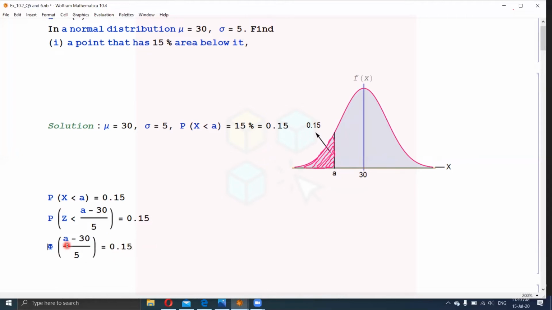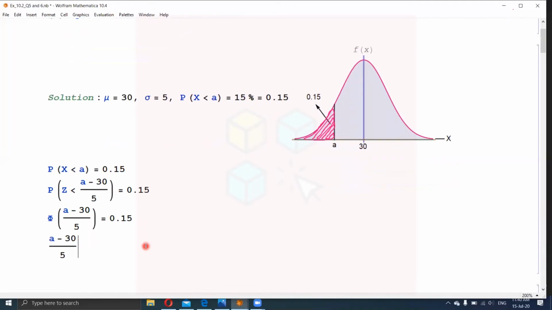Now phi is on the left side. Whenever it goes to the right side, we have to take the inverse of phi, the inverse of the point probability, which is 0.15.